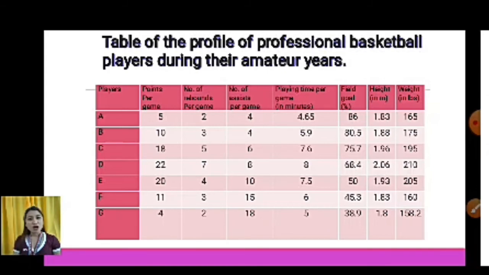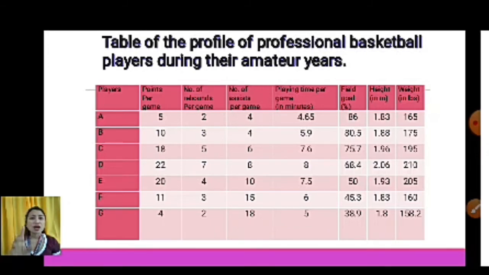Okay, so a while ago when I introduced this subject, I had a situation about choosing a member in a basketball league. This table will help what we call a coach or a team leader to identify a good player.